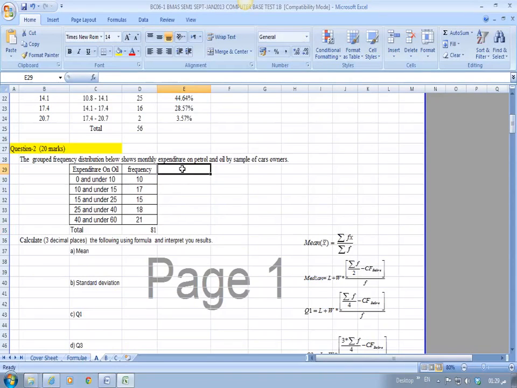So here we need to find the midpoints. X, calculation of midpoint. You can write x only, or you can write midpoint.